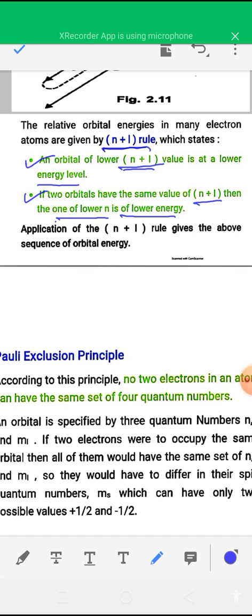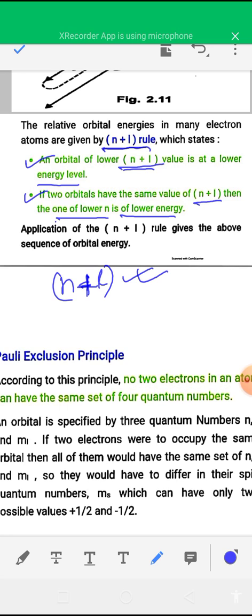You have to calculate the value of n plus l. If the value of n plus l is low, then the energy of the orbital is low, and if the value of n plus l is high for an orbital, then the energy of the orbital is high.